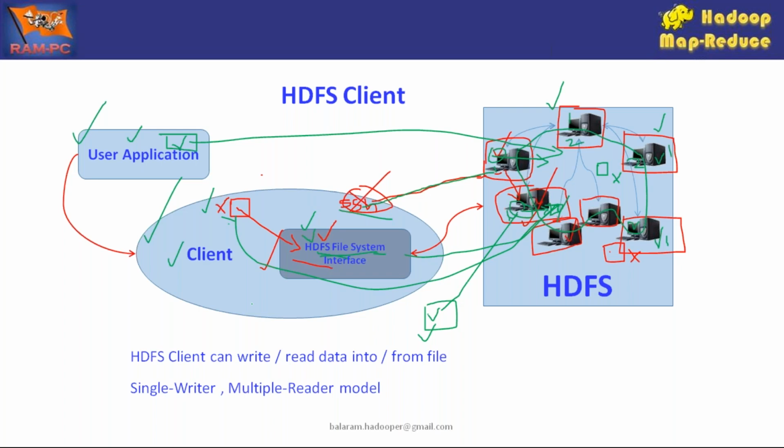Yes, in a multi-threaded environment multiple readers are allowed, but only one thread is allowed to write and the rest can only read. Then how is it different from other single writer multiple reader models?